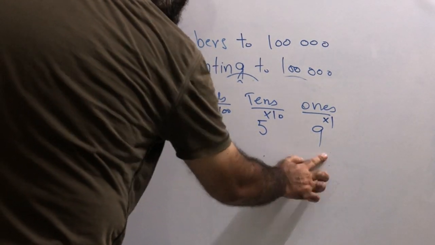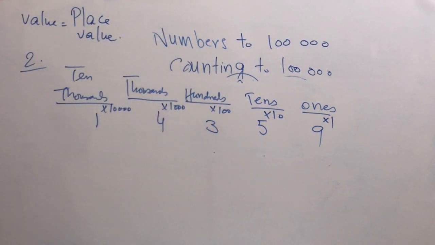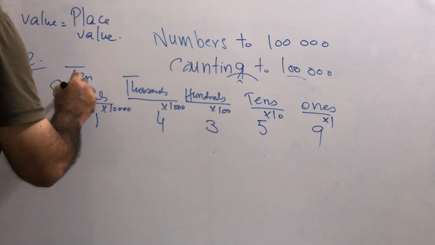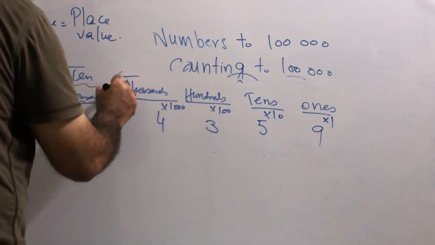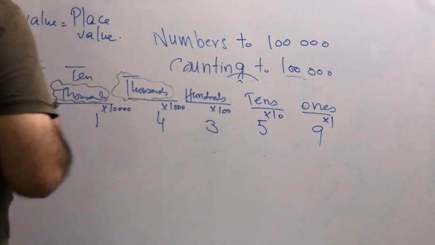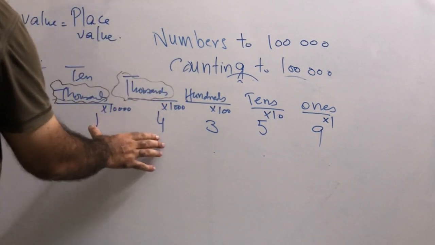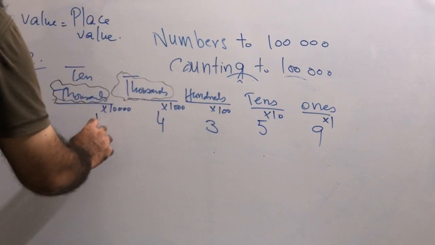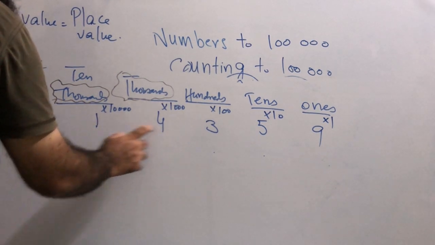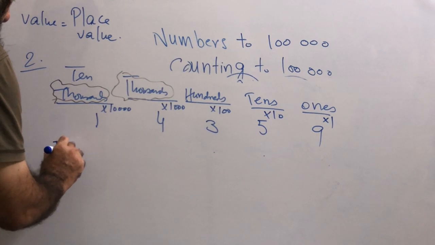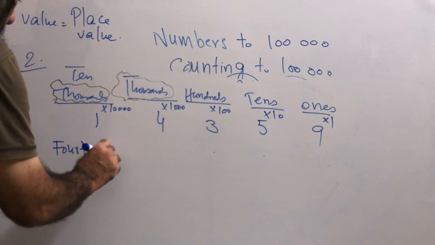Okay, so to express this in English, we have thousands. Thousand is also coming here. This is common. So we will just combine, join them. This is 1 and 4 is 14. We will write 14.